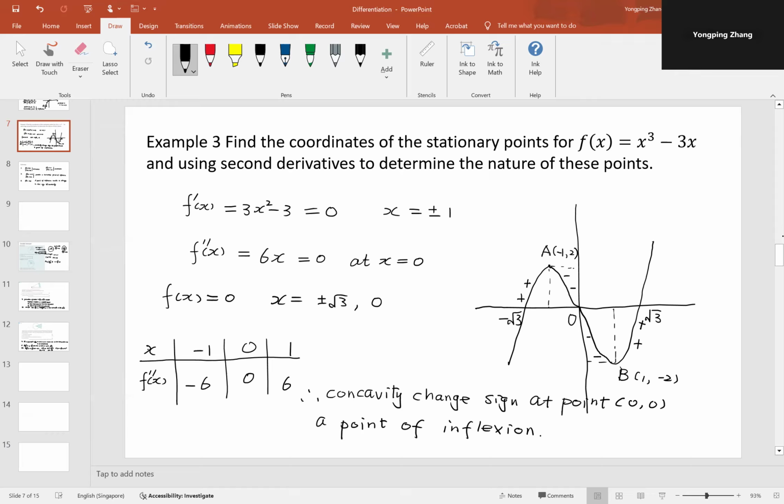So point O is a point of inflection. At this point there is a concavity change. This is concave down and this is concave up. So this point is a point of inflection.